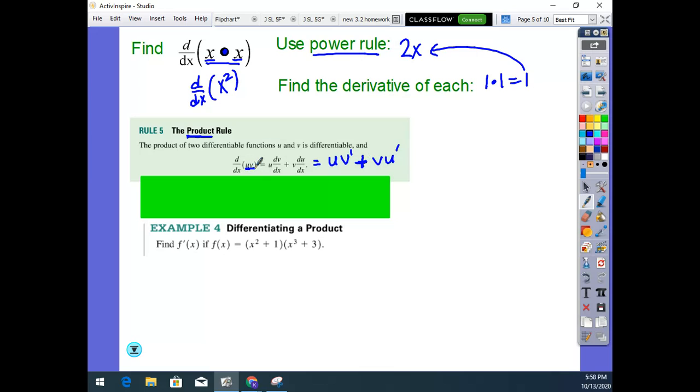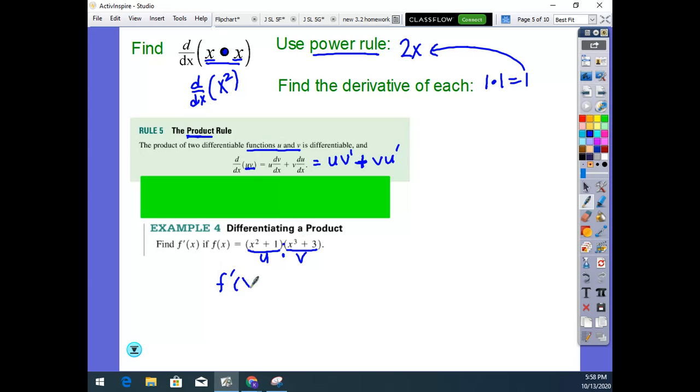When we're talking about this, u and v are functions, all right? So this is one function times another function. I'm going to call x squared plus 1 u, times v, which is x to the third plus 3.